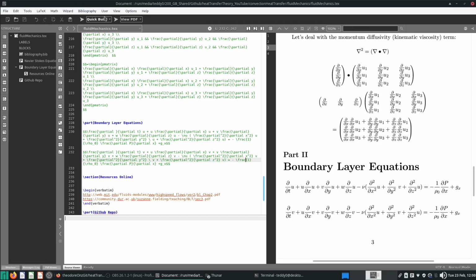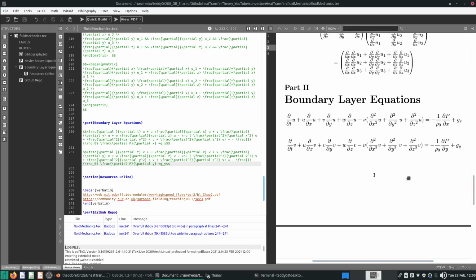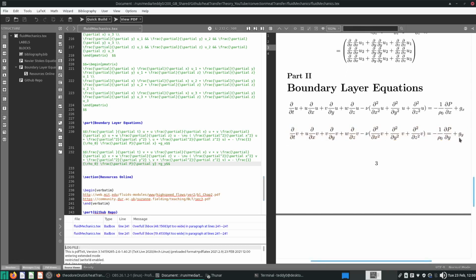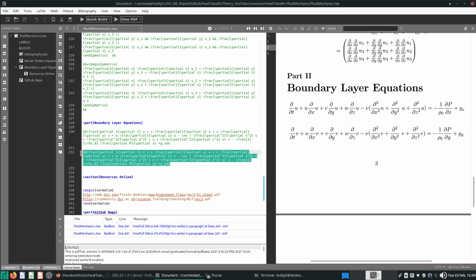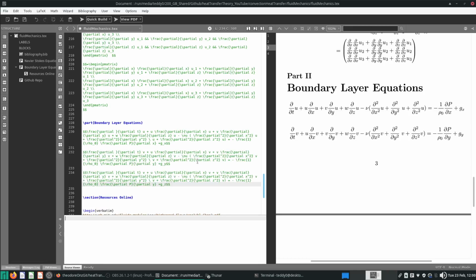It's going to be a v, and of course we'll change the pressure gradients to y coordinates as well. So partial p partial y, gy. All of these operate on the v velocity, and the substantial derivative also operates on the v velocity. Last but not least, of course, we'll do the z equation.